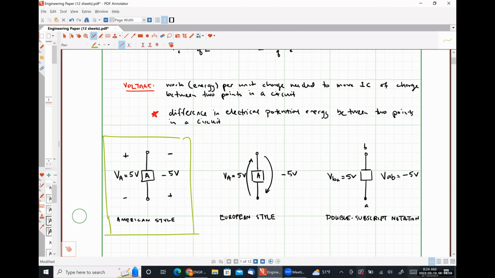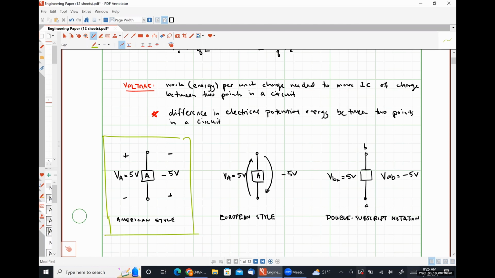So just to reiterate on this particular one, in the American style, we have a magnitude, so some number of volts, and then we also have a polarity indicated by a positive polarity terminal on one leg of our element and a negative polarity terminal on the other leg of our element. If we ever have a negative magnitude, we can get rid of that negative magnitude by simply swapping the polarities of our terminals. Okay.